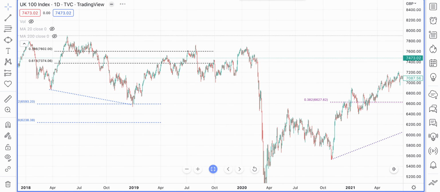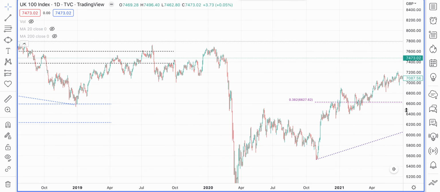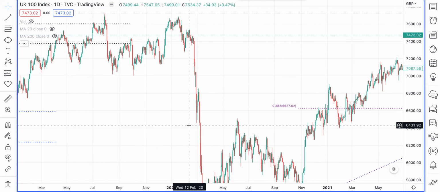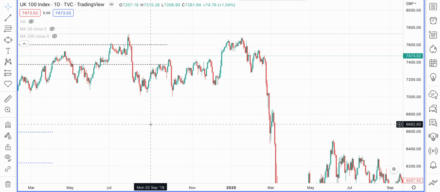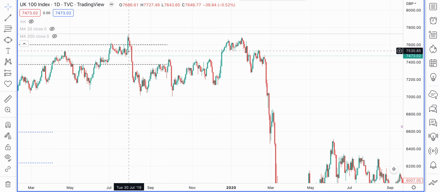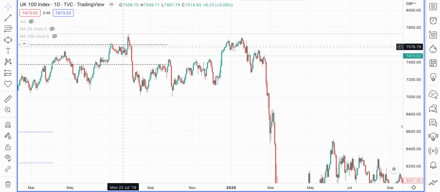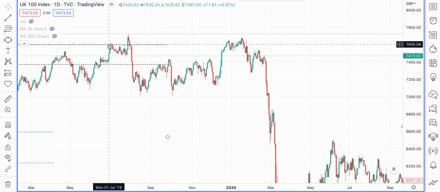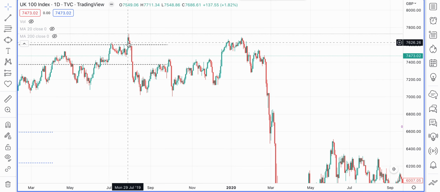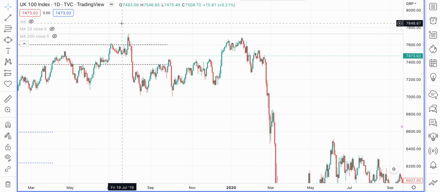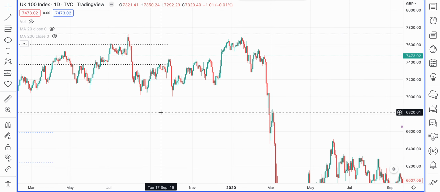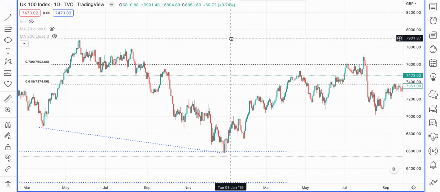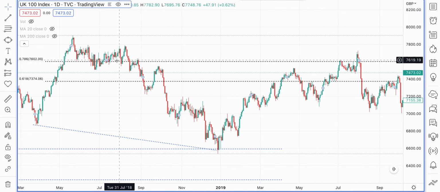Also, another interesting pattern to be seen here is that the index likes to do these exhaustion bars. So we had a really strong up move here where it basically broke out of the range, but next day we had a bearish bar, and then we had a strong bear move to the downside, and then something similar happened here.